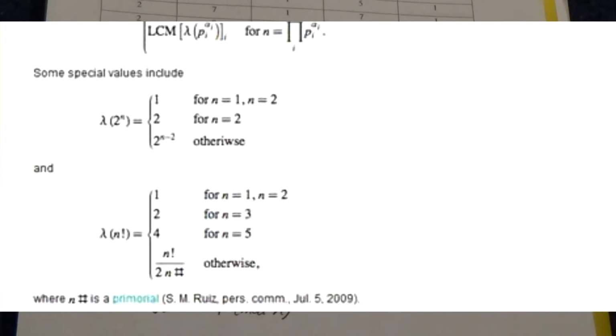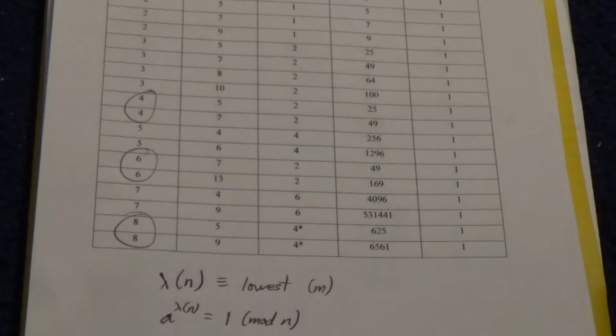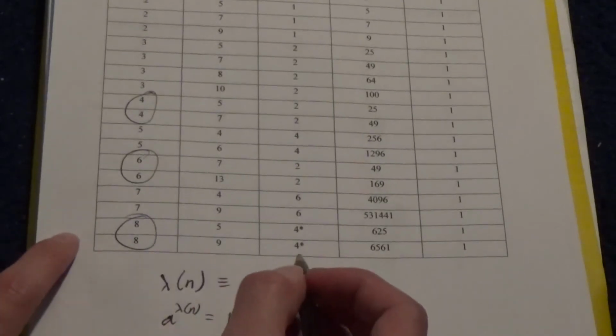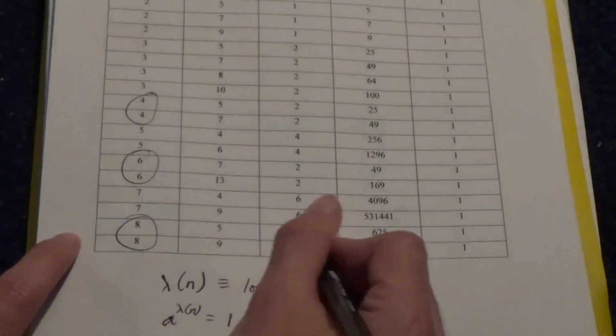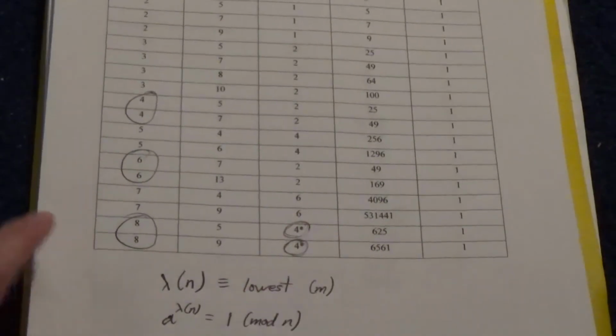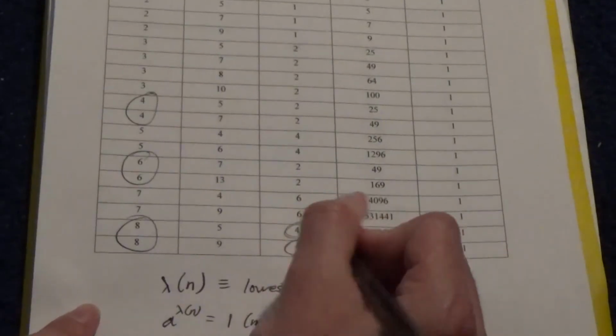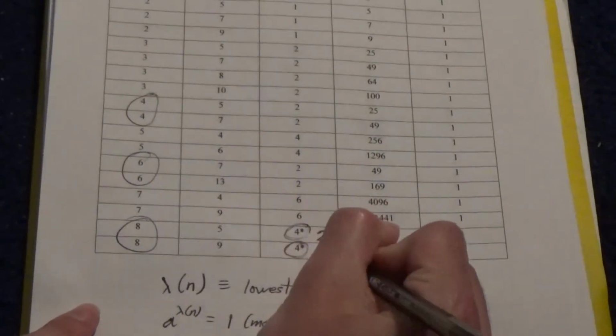And now we can go back to this table and revise the last two rows. Because the Carmichael function is stronger than the Euler totient function, we can replace phi of 8 in these two cells with lambda of 8, which changes this. This is why I have an asterisk. We change it to a 2.